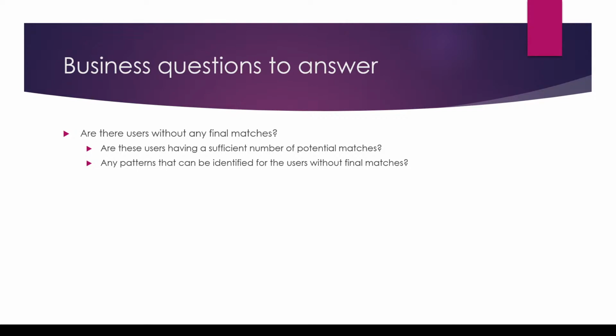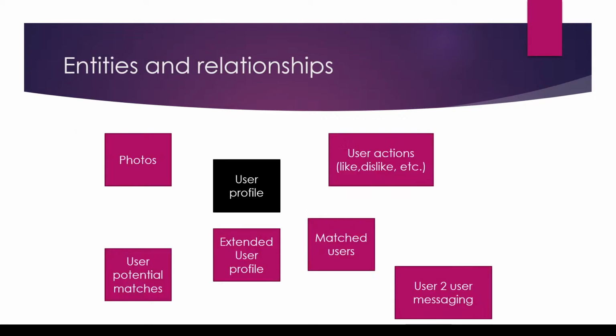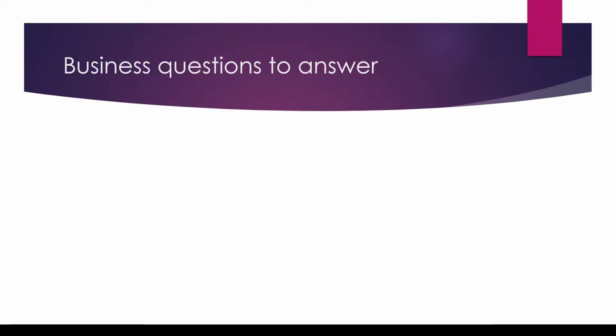If I go back to the previous slide, we can actually look up the users from the user profile table, and then check if they are present in the matched users table. If they're not, that would mean these users have no matched users. This is probably something we can do with this operational table structure.